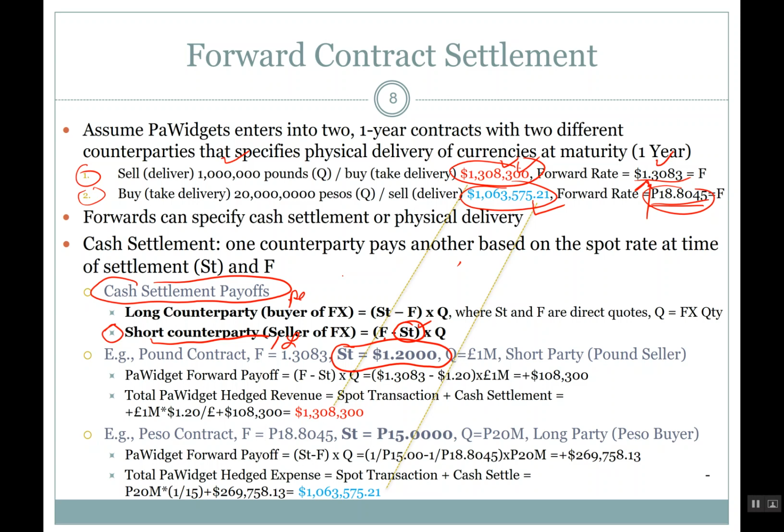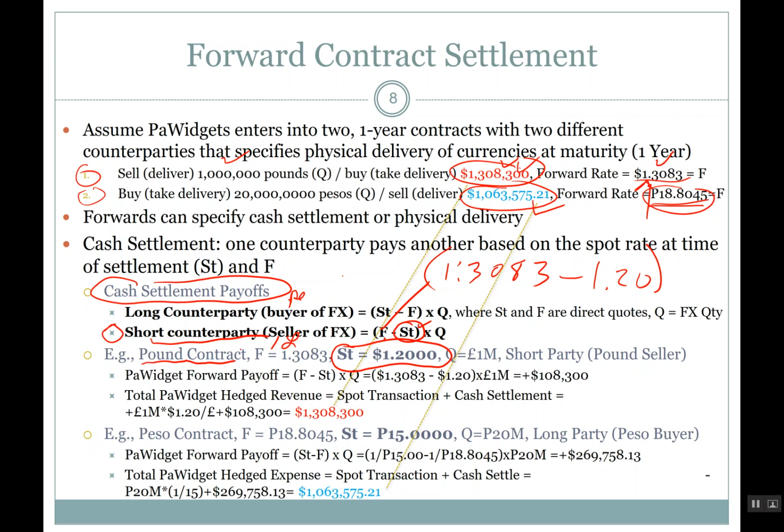Because the forward price is, in this example, 1.3083. That's negotiated day one. Next year, what if the exchange rate turns out to be 1.20? If they were not hedged, they are totally screwed, right? Because they're not going to get 1.3 million, they're going to get 1.2 million. That's bad. However, look at the magic.